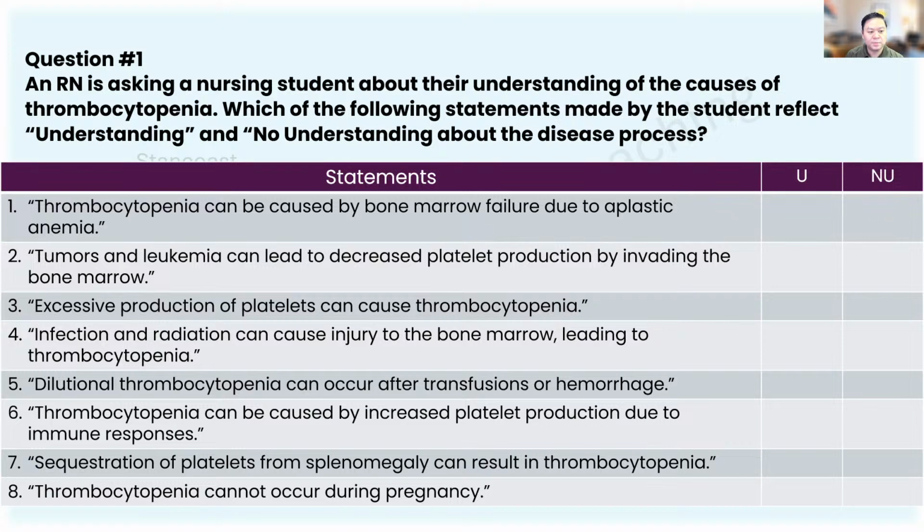Number 1, thrombocytopenia can be caused by bone marrow failure due to aplastic anemia. Number 2, tumors and leukemia can lead to decreased platelet production by invading the bone marrow. 3, excessive production of platelets can cause thrombocytopenia. 4, infection and radiation can cause injury to the bone marrow, leading to thrombocytopenia. 5, dilutional thrombocytopenia can occur after transfusions or hemorrhage. 6, thrombocytopenia can be caused by increased platelet production due to immune responses. 7, sequestration of platelets from splenomegaly can result in thrombocytopenia.